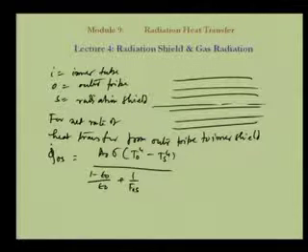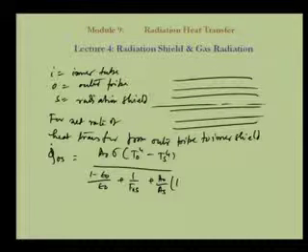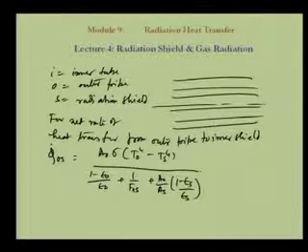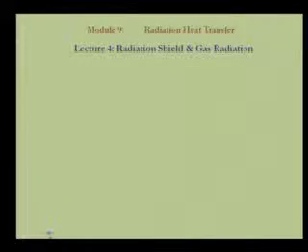So, this is the view factor, plus A naught by AS into (1 minus epsilon S) by epsilon S]. The important thing over here is that the view factor has to be calculated also in this case; it is not 1.